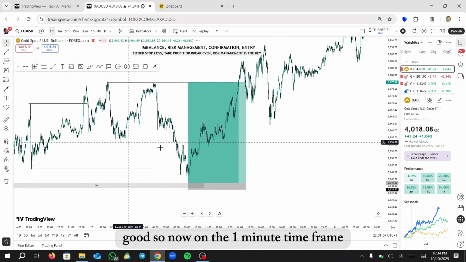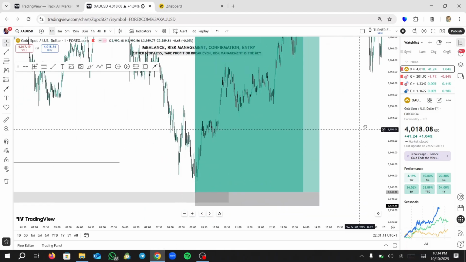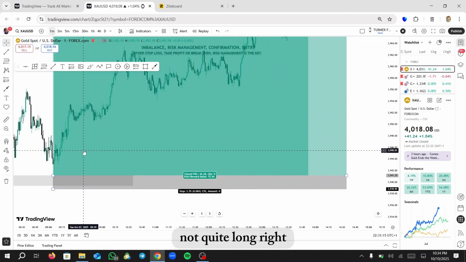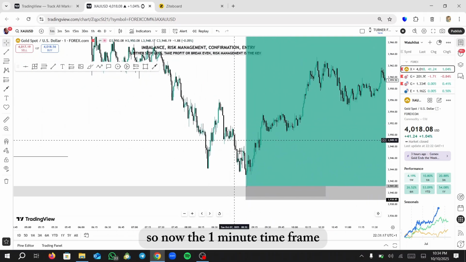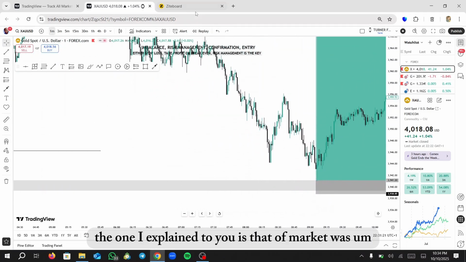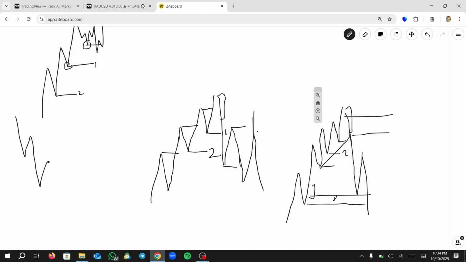So now on the 1 minute time frame, just like the same thing I just explained to you not quite long ago, this is what we are expecting. The one I explained was that the market was buying and then sold, right? So the opposite will be the market is selling already.